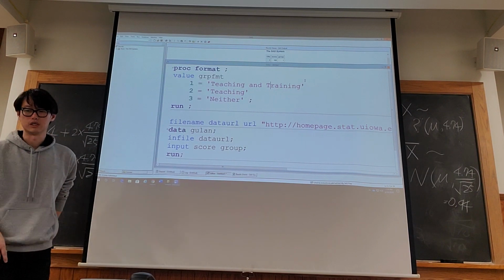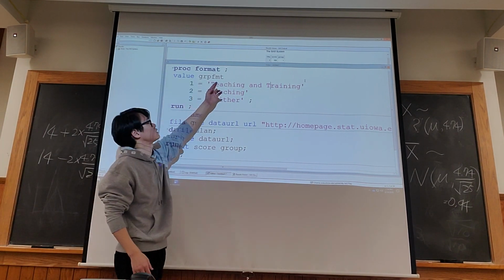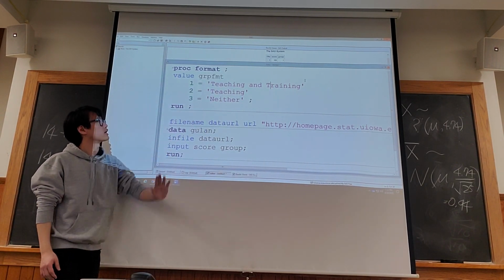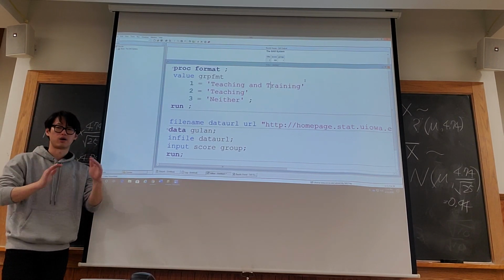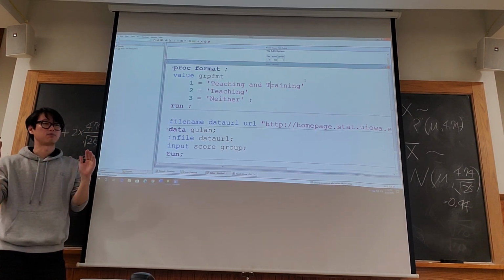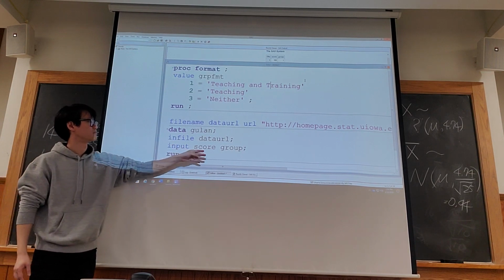Okay? So instead of writing 1, 2, 3, I want to use teaching and training for group 1, teaching for group 2, and neither for group 3. To do that, what I did is declare the pre-format for my future variable group.